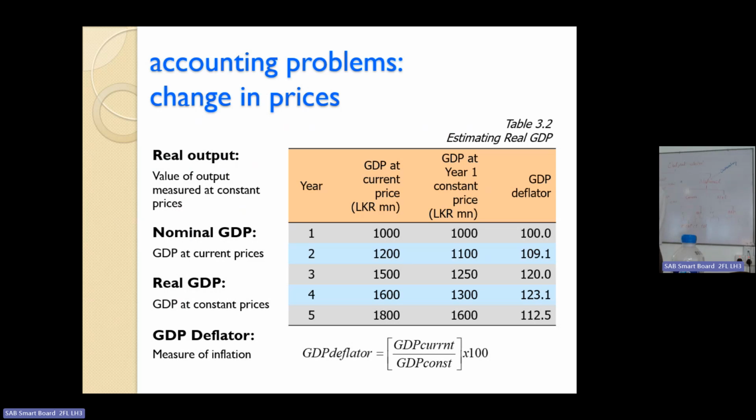For example, 1000 divided by 100 into 100 equals 1000. Then 1200 divided by 109.1 into 100 is equal to 1100. So that is real. Here we remove the price changes using the price index.